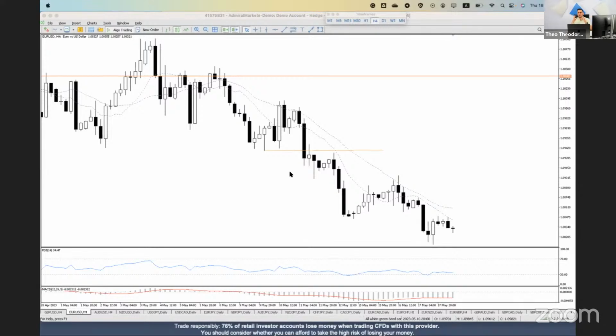So when we see this disagreement, it's like a lack of confirmation of the move we see right now on the chart. It's going down, and at some point we expect this move to end and see a move in the opposite direction.